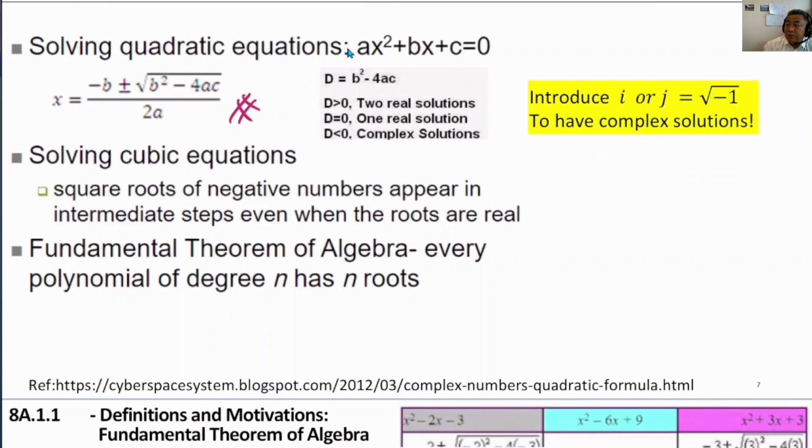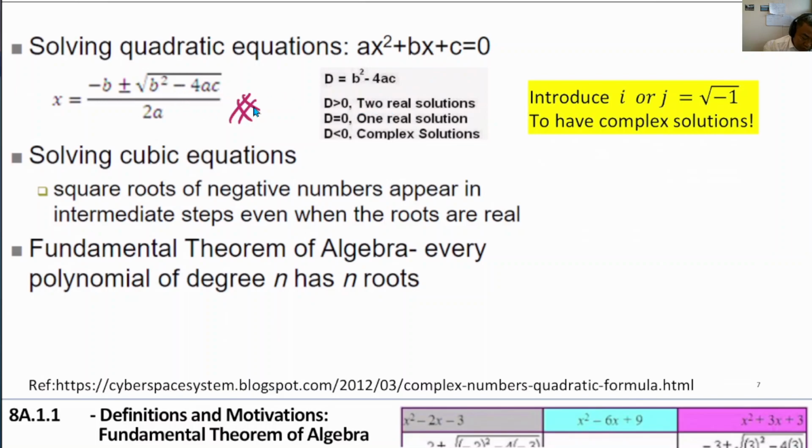By plugging in the constants in front of x squared and x, as well as c, we can find the x that makes the left hand side equal to 0.